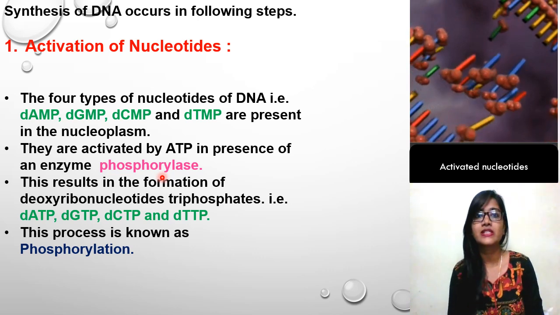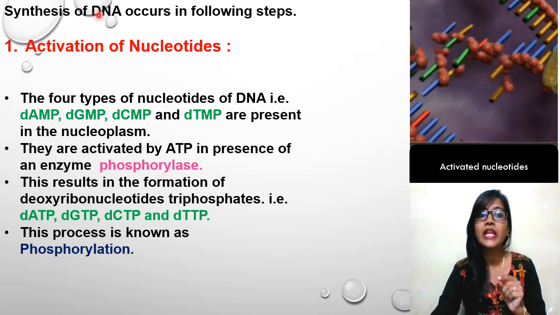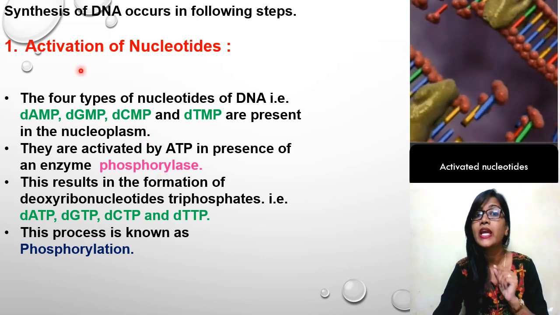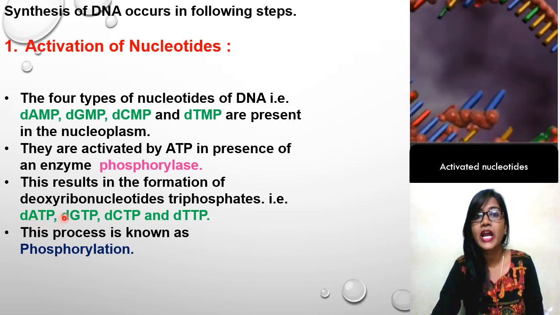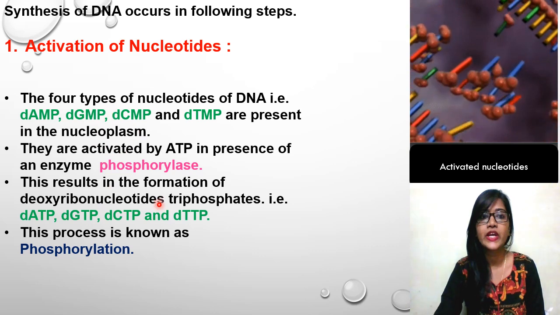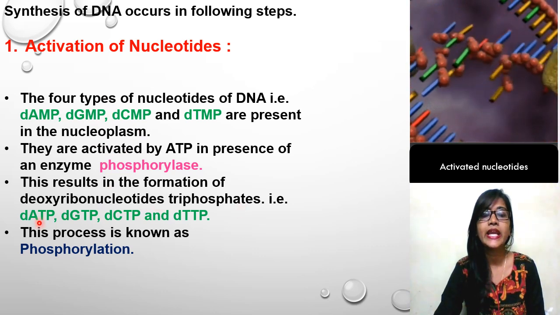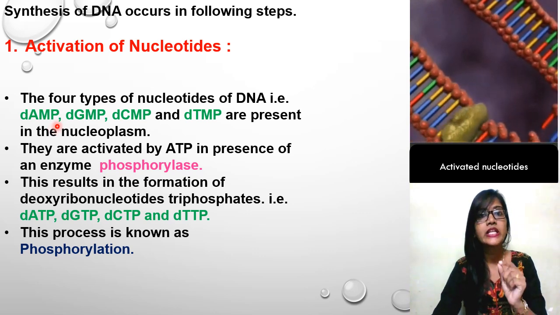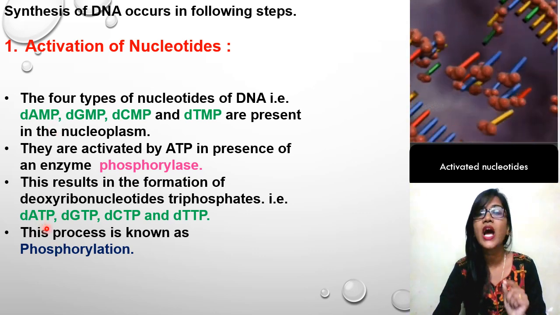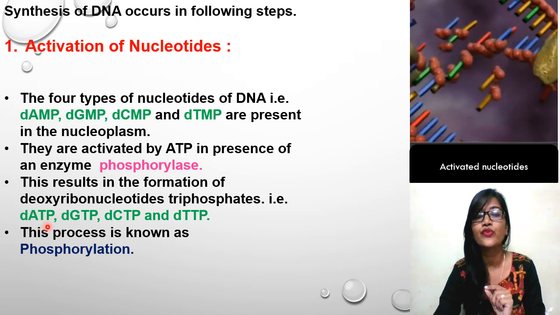Their form is different, and from the inactive form they are getting activated. That is very important. After activation, these monophosphates are converted into triphosphates. Now this AMP, monophosphate, gets converted into triphosphate. So there is addition of a phosphate group.